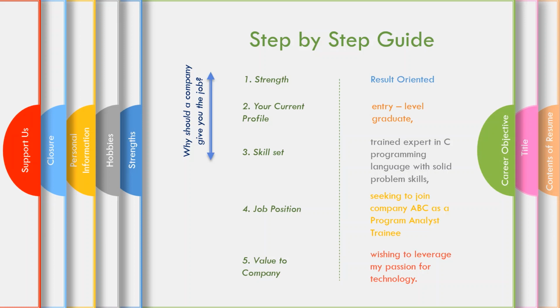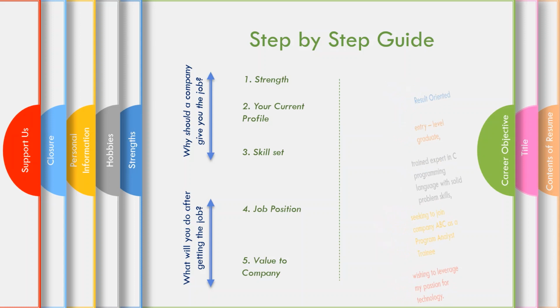A company should give you the job because you are a result-oriented graduate with excellent problem solving and programming skills. The last two inputs will answer your HR about what you will do after getting the job. You will be a program analyst trainee contributing with technology. I leave the space for you to fill in your own words and frame a better career objective.